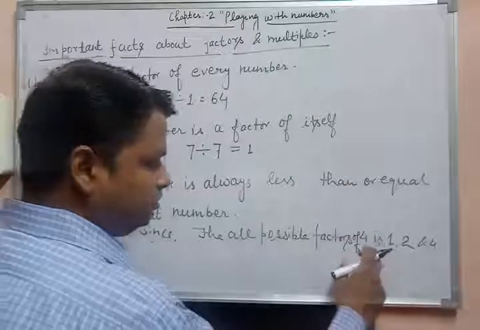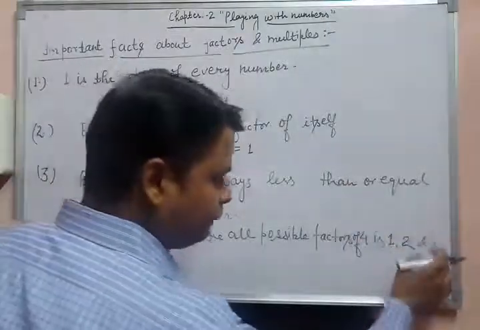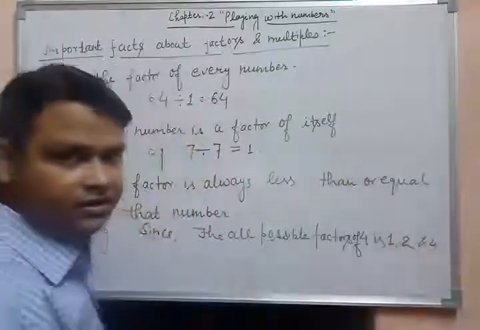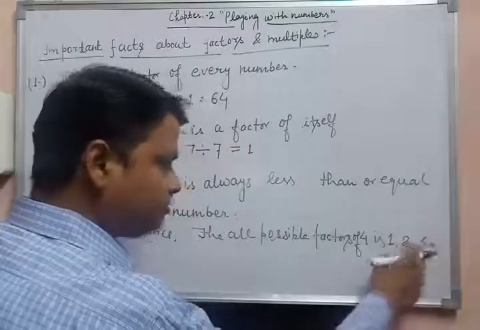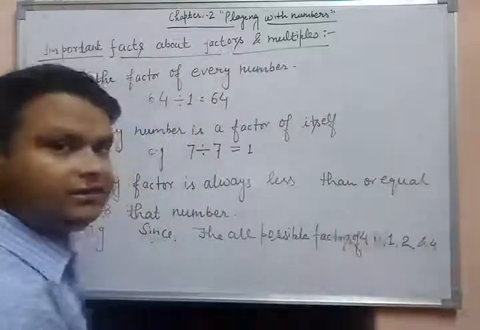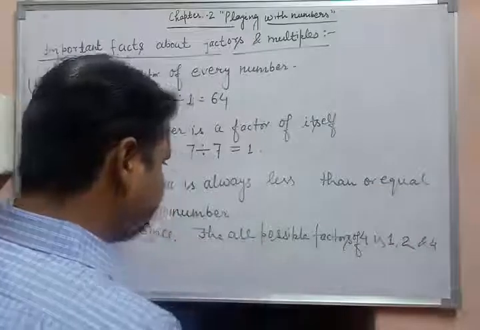It shows that 4 is the maximum factor, and also all the other factors are less than 4. Okay students? So this is the example we have to write.